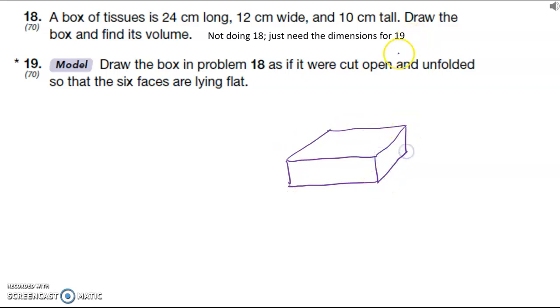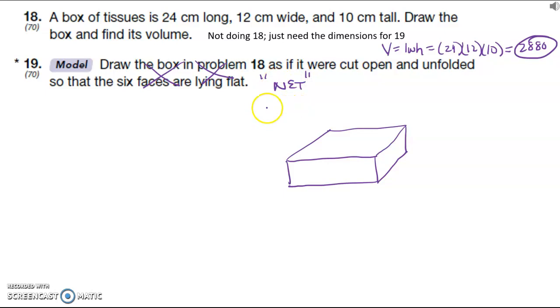You should be able to find volume with length times width times height, which is 24 times 12 times 10, which is 2880. And then this says draw the box, and the problem is if it were cut open and folded with 6 faces flat. Let's not do that one. They're asking you to draw a net, and that's not something you're going to be often asked to do.